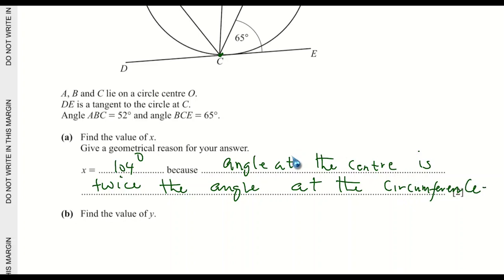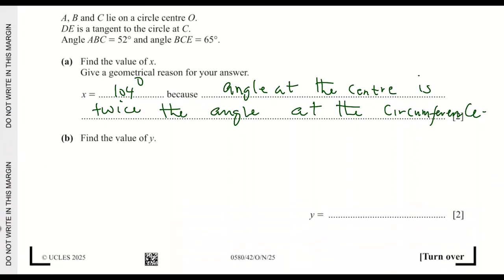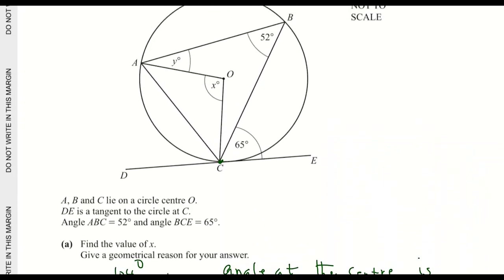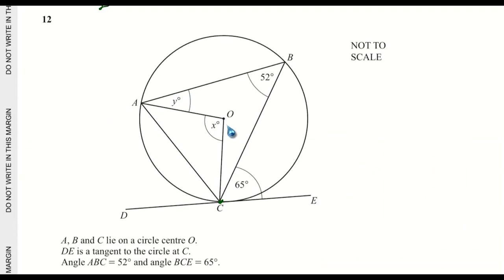Now we need to find part B. Find the value of y. So don't forget this is 104, that is the angle at center. To get the value of y, we can use alternate segments, because the angle between a tangent DCE and a chord, which is 65, is equal to an alternate angle, this one.